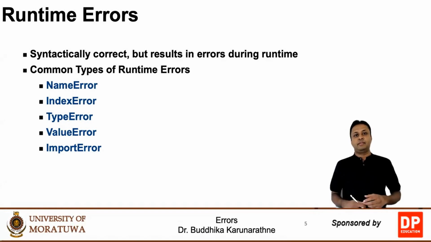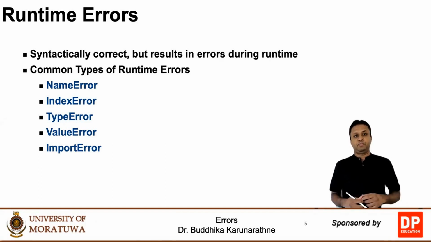Now let's look at runtime errors. Runtime errors occur whenever syntactically correct Python code results in errors at the runtime. So there will be an error message telling us what went wrong. And it is important to know that whenever a runtime error occurs and it is not handled properly, your Python program will terminate after that point of error.